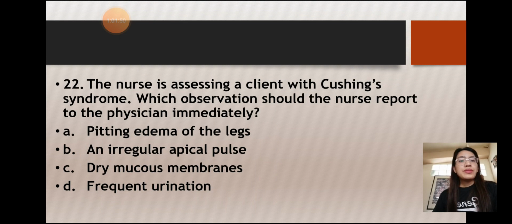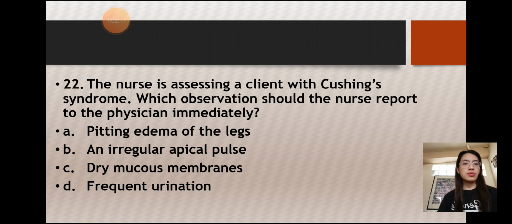So 22. Anong kailangan nating i-report sa pasyenteng merong Cushing? So, always remember the 3S. Cushing, 3 S mataas. Anong mababa? Potassium. Okay. So, what will be your answer here? Edema of the legs. Ito bang kailangan i-report? Dry mucous membrane, frequent urination. Ang dry mucous membrane at saka frequent urination not usually associated with Cushing.